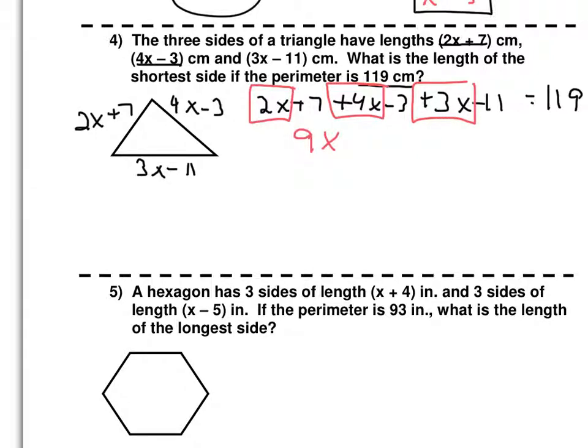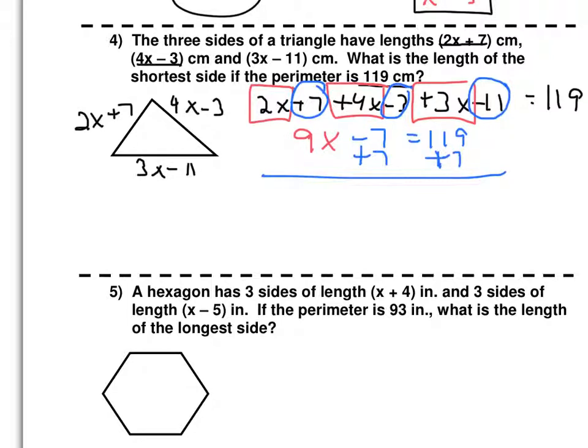And then I have a 7 here, so plus 7 plus a negative 3, that's positive 4, plus a negative 11 would make minus 7, equals 119. So then I add 7 to both sides, and I get 126 is equal to 9x, and then divide by 9. So that cancels. x is equal to 14 centimeters.